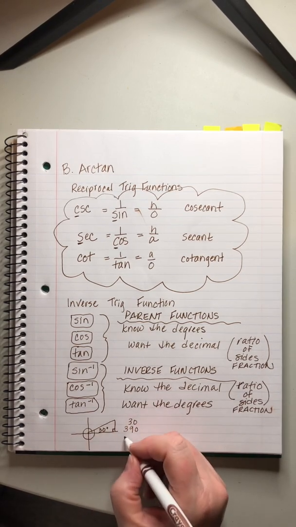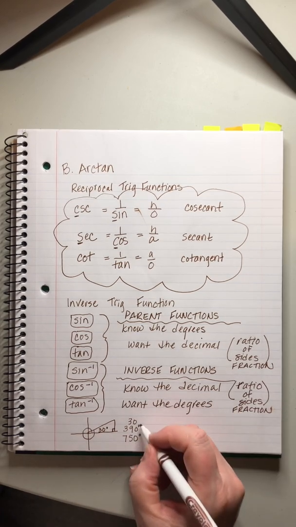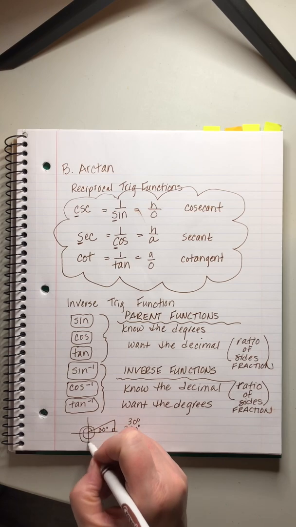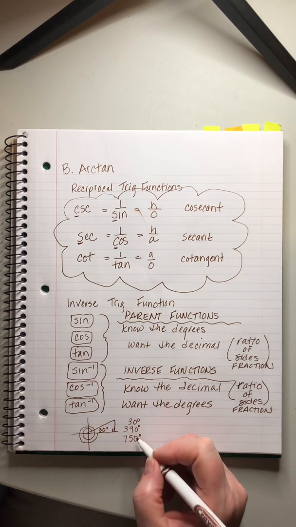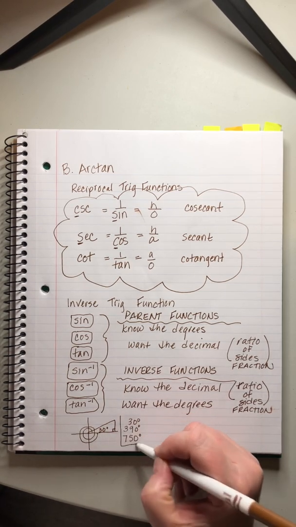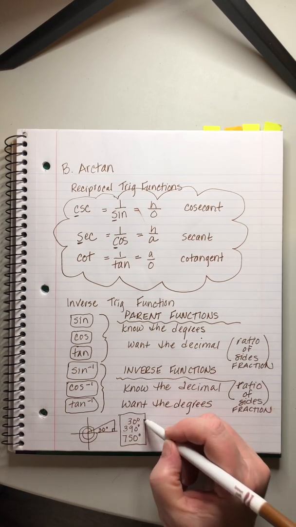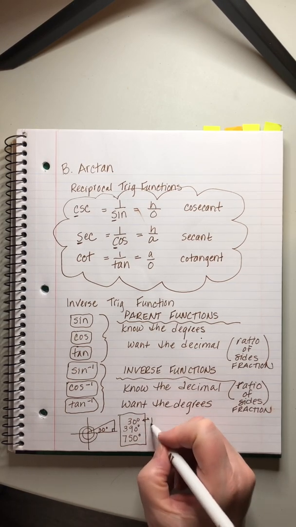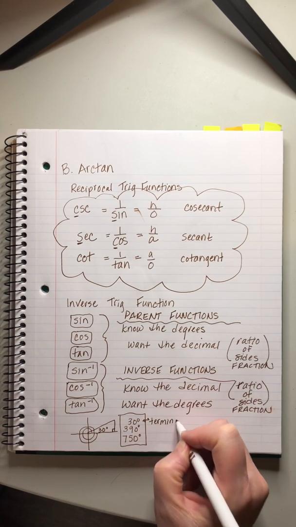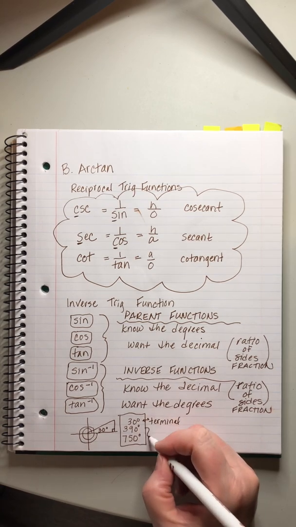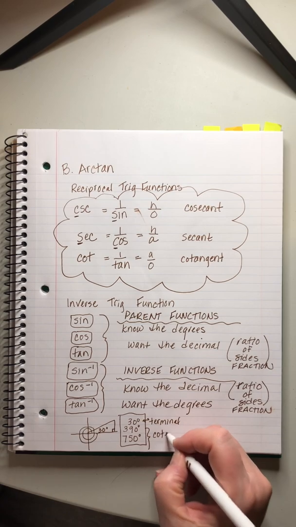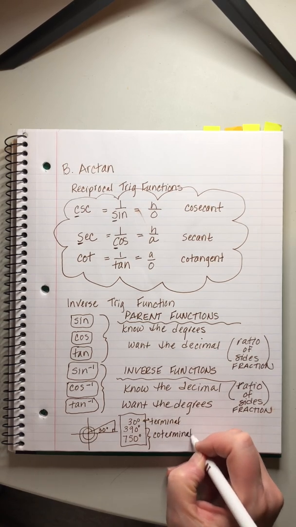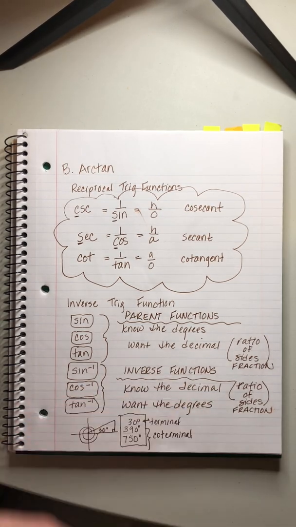Or we could call it what would be next, a 750, right? So we could keep spinning around and come up with an infinite number of these names that have the same terminal angle. And these are all considered to be coterminal, meaning they end at the same place, right? So we don't want a bunch of coterminal angles. We just want one angle as the answer to our inverse functions.